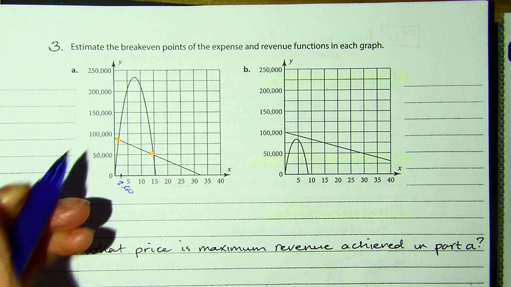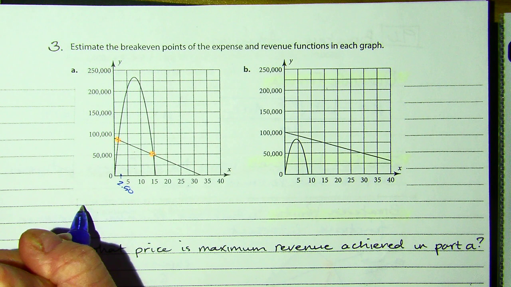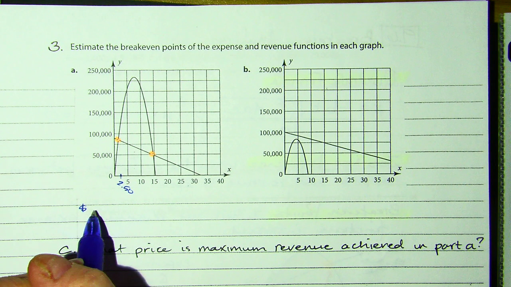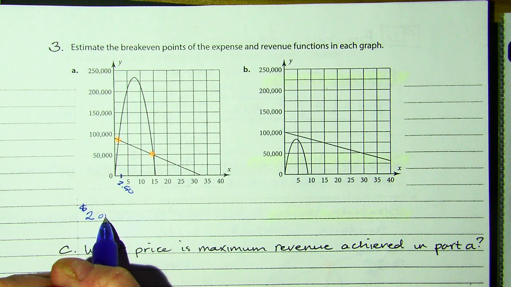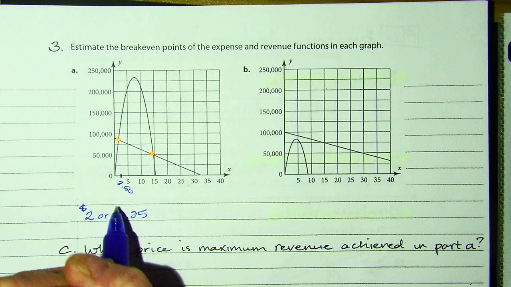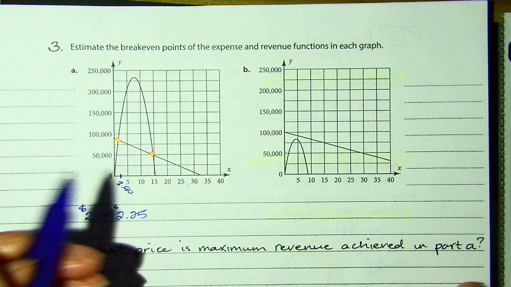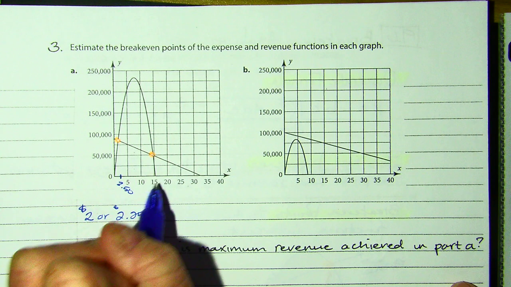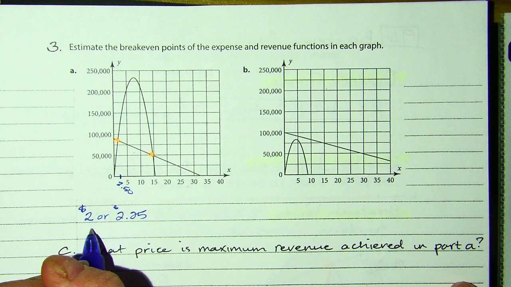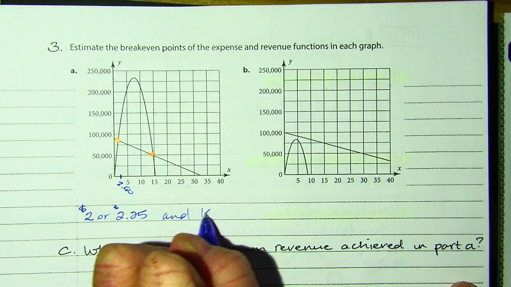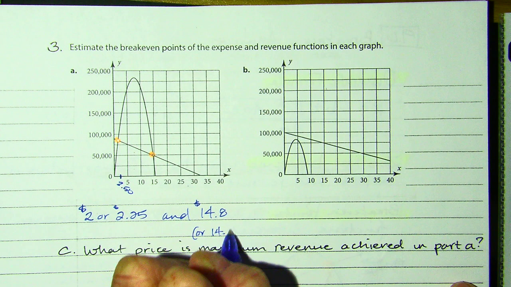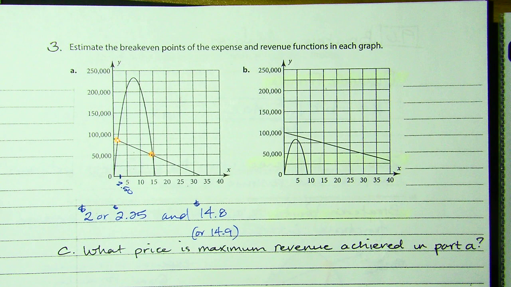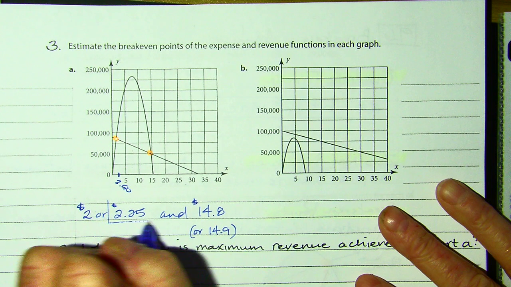So remember we're just estimating, so in part A I would say, let's say $2, or you could say $2.25. Either would be fine. And then this one here is really close to 15, so I might say 14.8, or you could say 14.9. You know, it's up to you. We are estimating. So I'm going to circle the two that I've estimated.